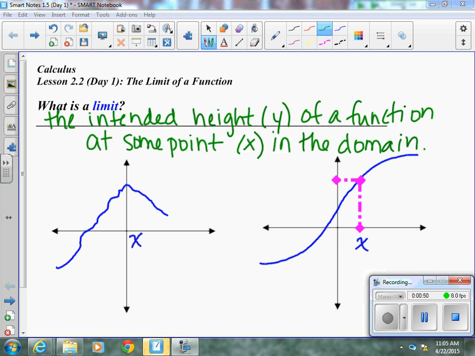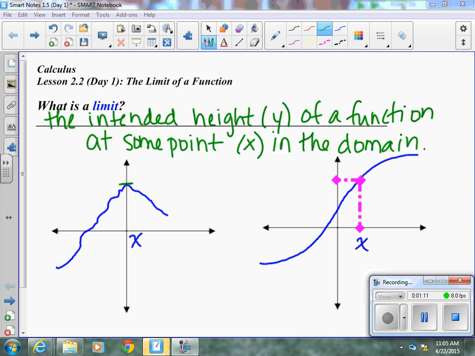In other words, it is kind of the y value that you get close to as you approach a particular x value. So you don't ever actually get to that point, but what y value are we getting close to as we do it? So here's an example.